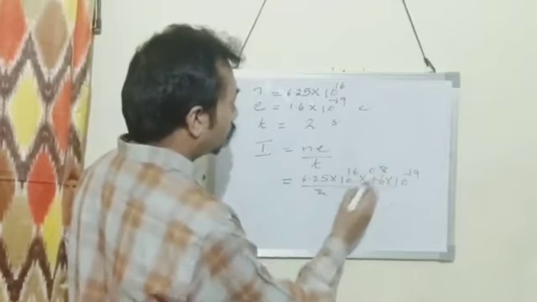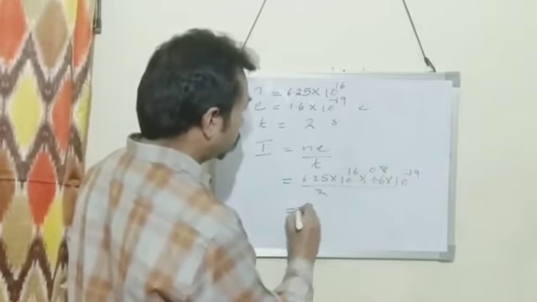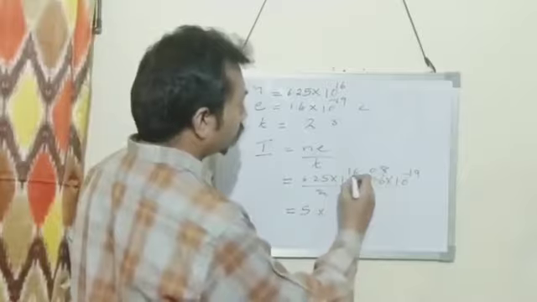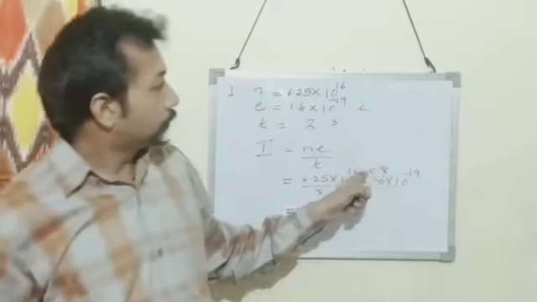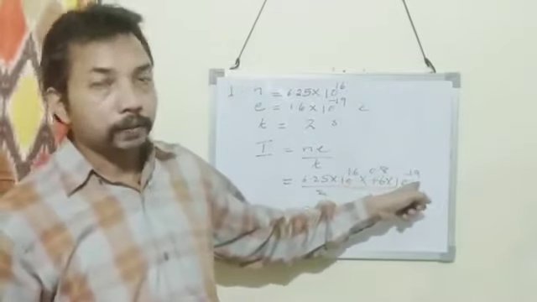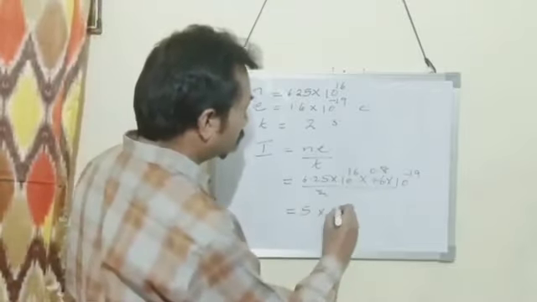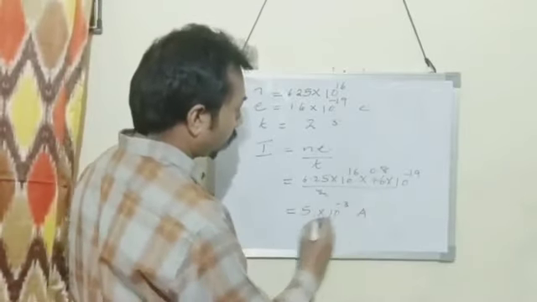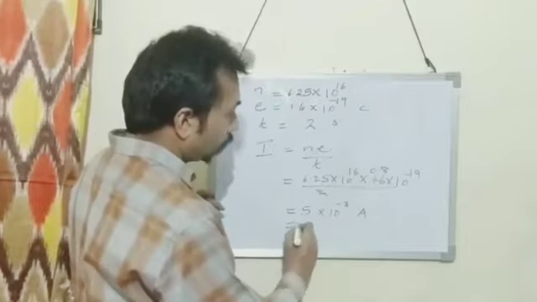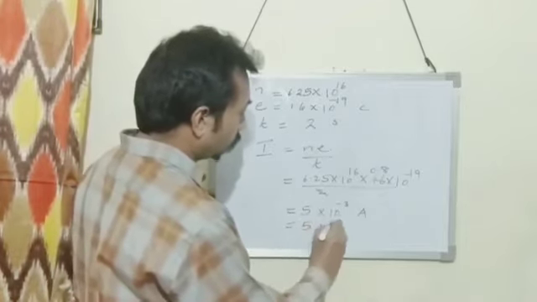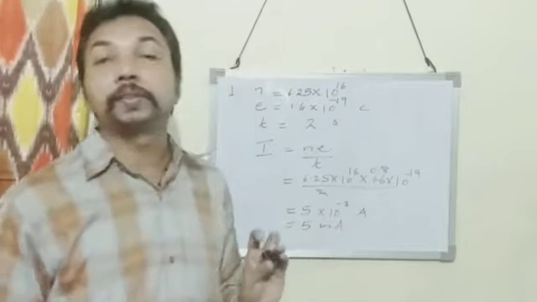Then 6.25 into 0.8 is 5. 5 into 10 to the power 16 into 10 to the power minus 19 is 10 to the power minus 3. 5 into 10 to the power minus 3 ampere. 10 to the power minus 3 ampere is 1 milliampere. So answer is 5 milliampere. This is the answer.